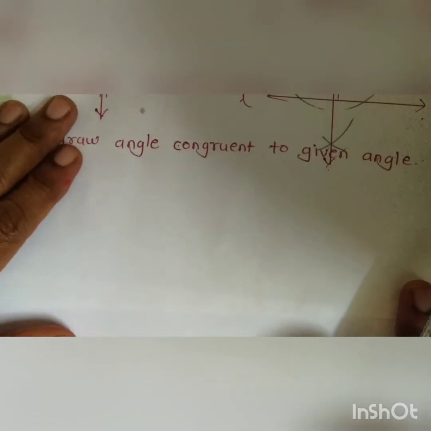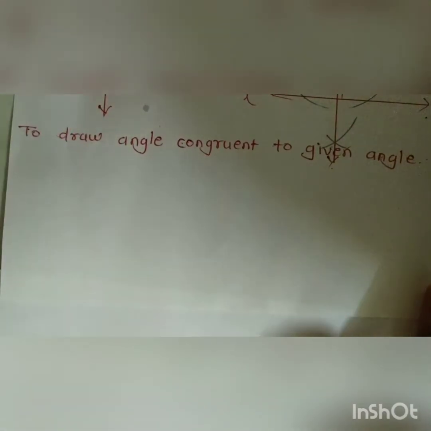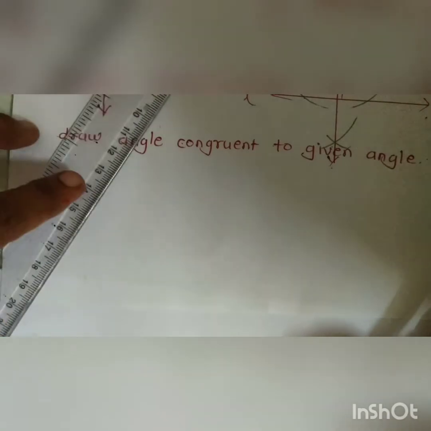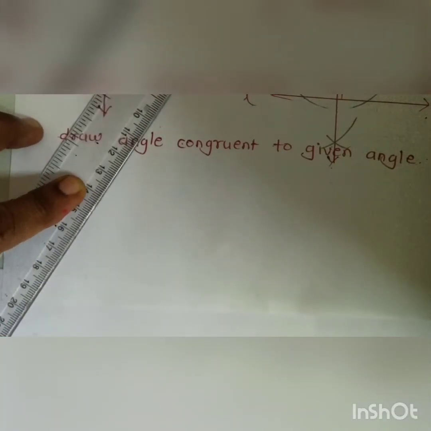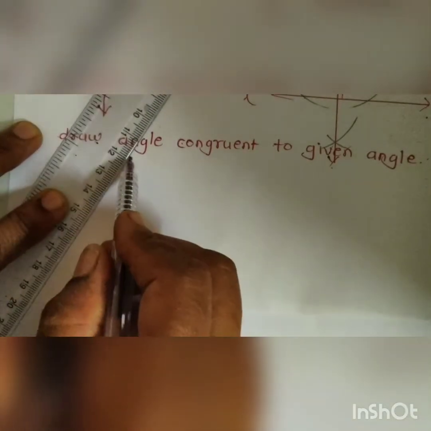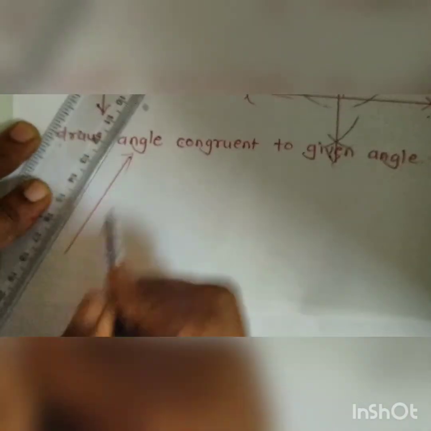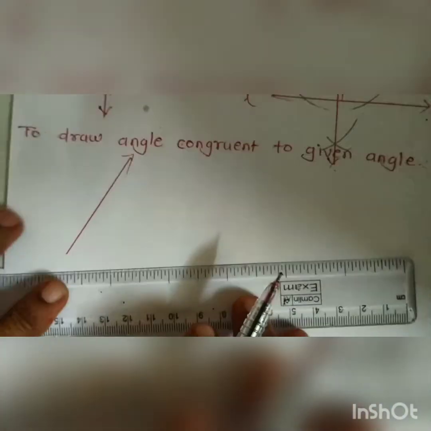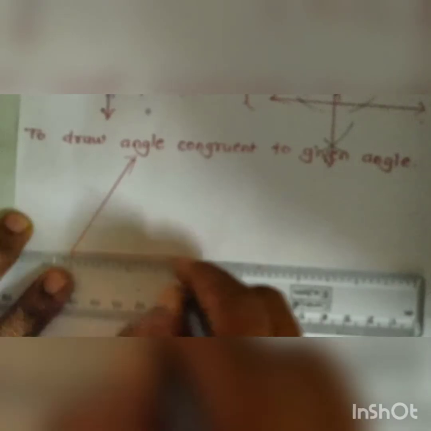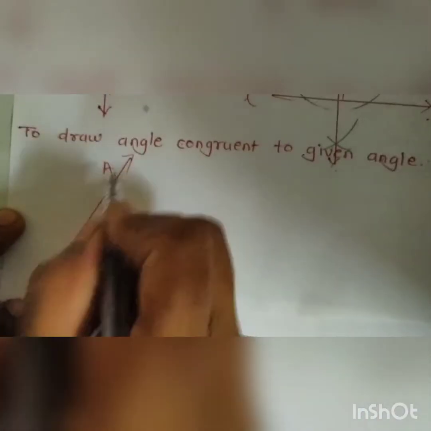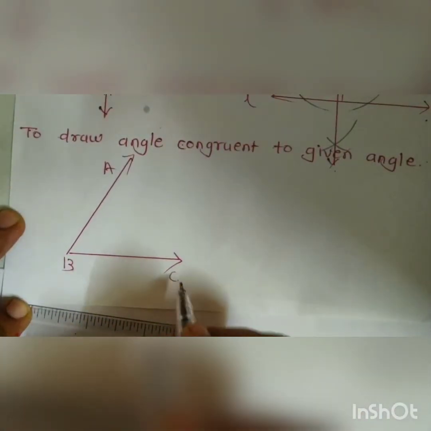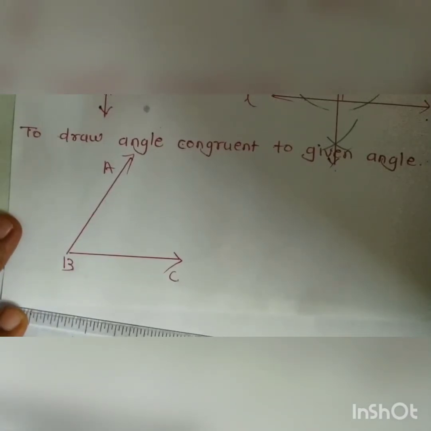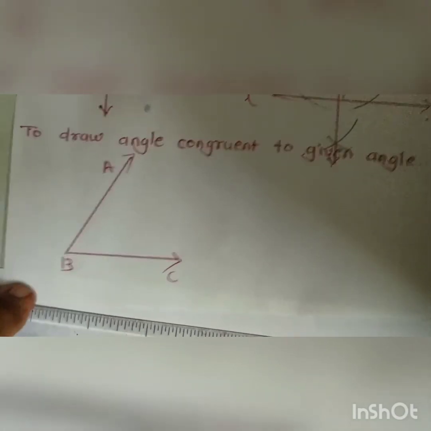We do not measure the angle here, but we have to construct an angle congruent to that angle using only a compass. Suppose this is the angle given, angle ABC, and we have to draw another angle which will be congruent to angle ABC. Now see here how to construct that.